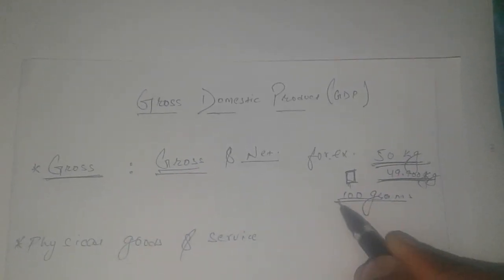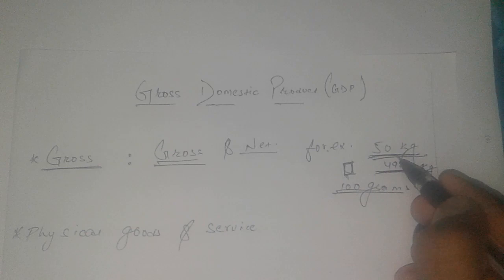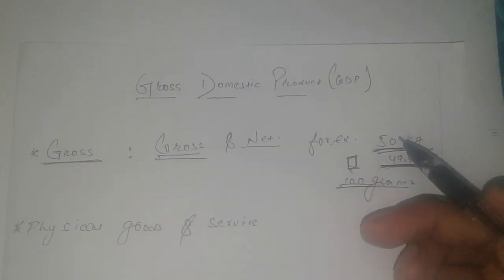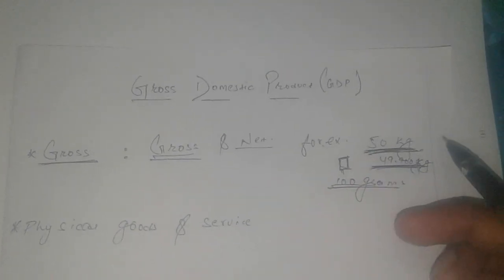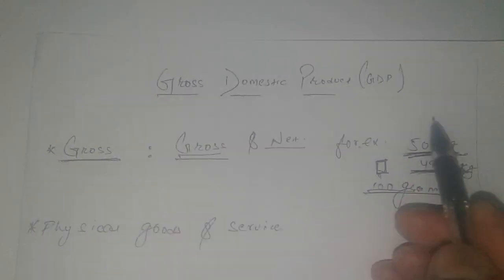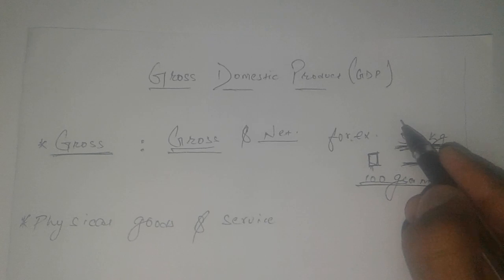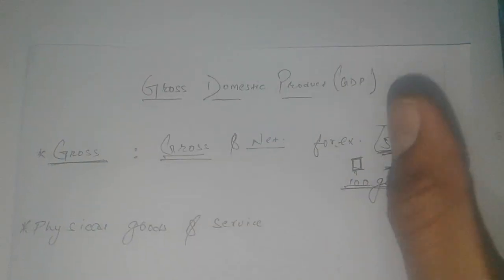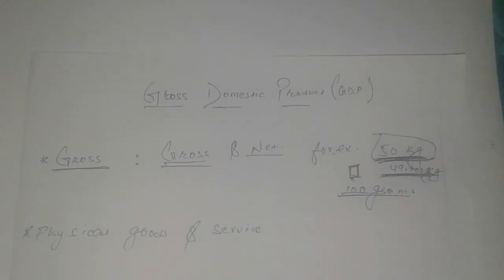For example, the 100 grams is extra, measured in this 49.900 kgs. So this 50 kg we have calculated in this example is the gross domestic product example. There are different kinds of this in the whole country, that is India.